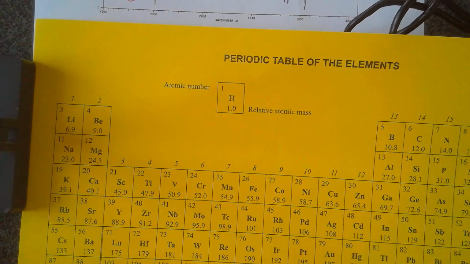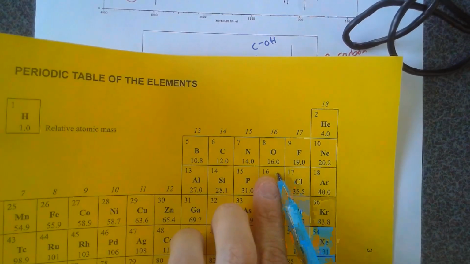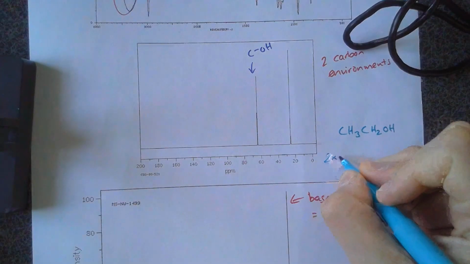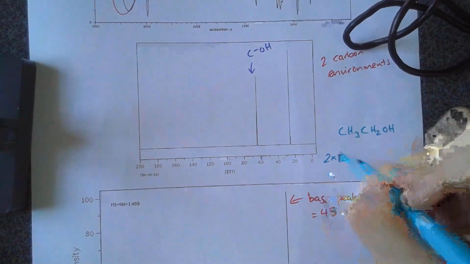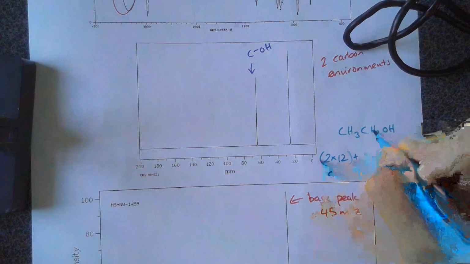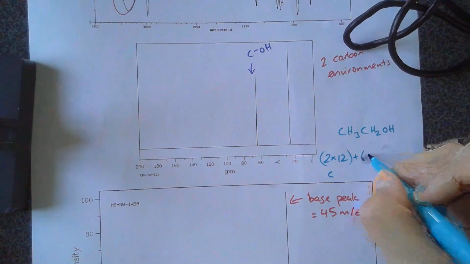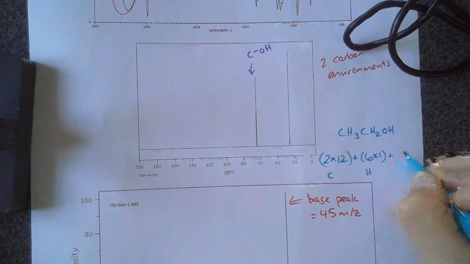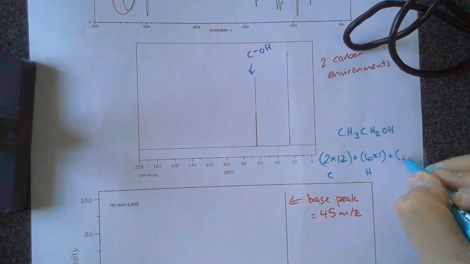And the last thing is the oxygen, which is 16. So we substitute in the numbers for how many carbons, etc. So I have 2 times 12, that's my carbon, plus my hydrogens, I have 6 times 1, plus my oxygen, which is 16.